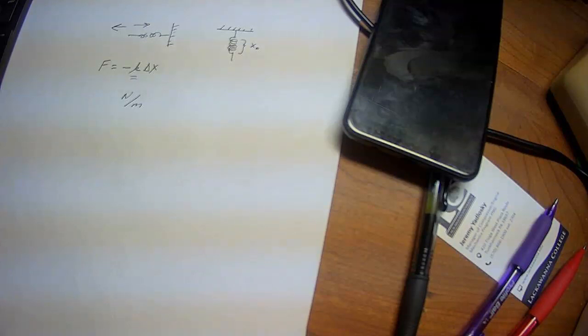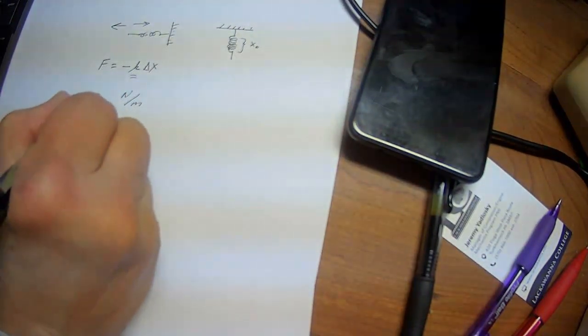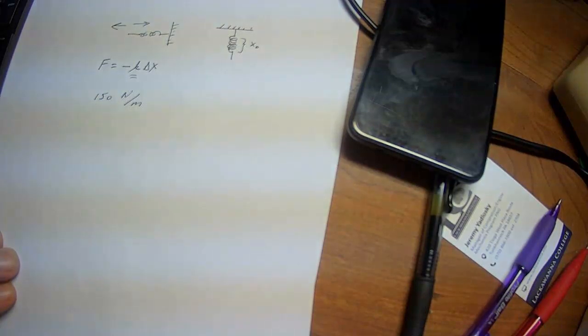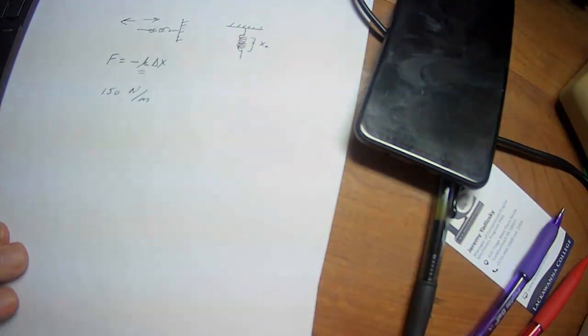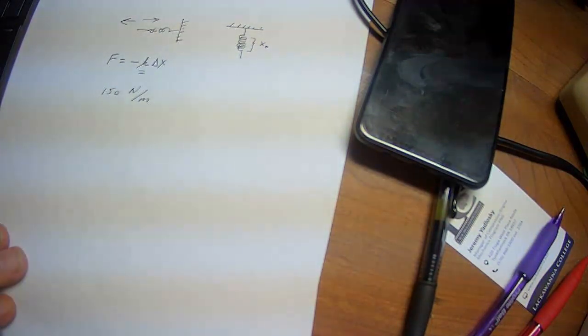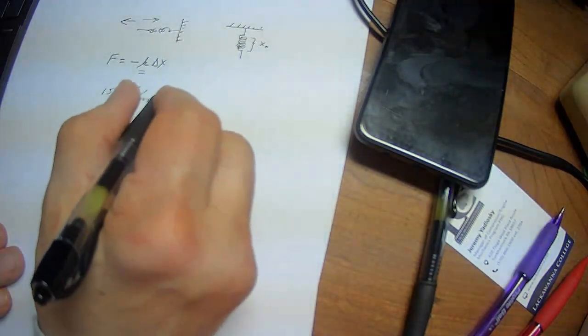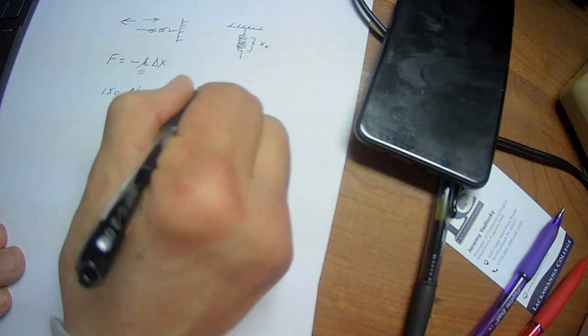All right. So let's say I've got a spring, and it has a force constant of 150 newtons per meter. Let's do a problem where I hang a weight from my spring. Maybe my weight is 75 grams, or let's say it's a heavier weight, 7.5 kilograms.